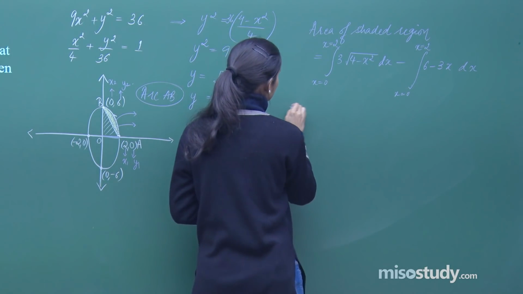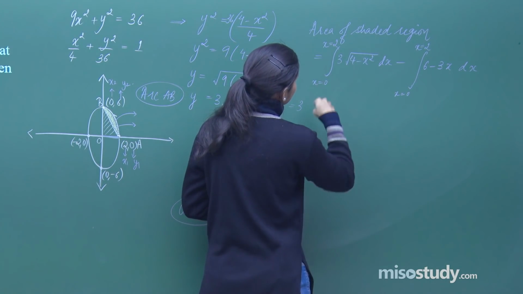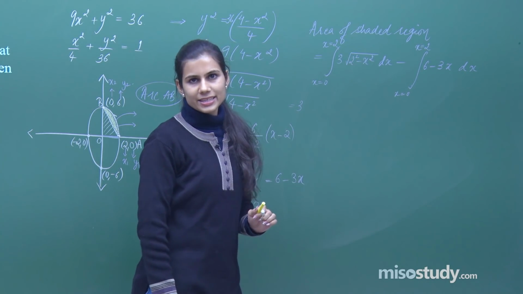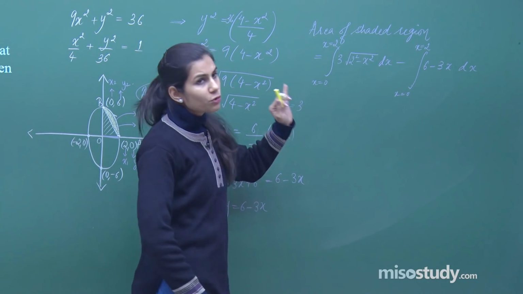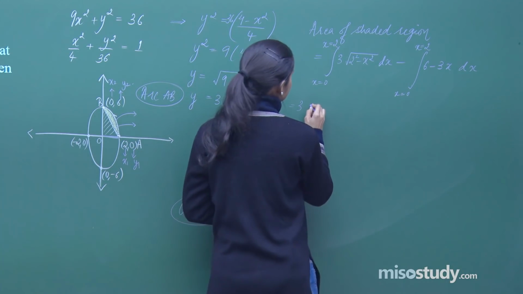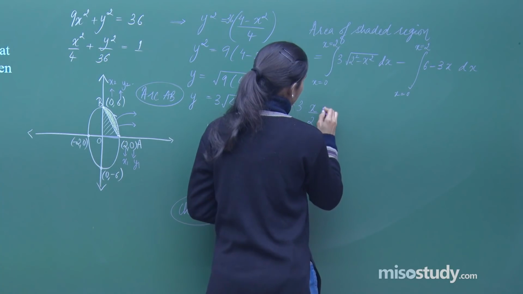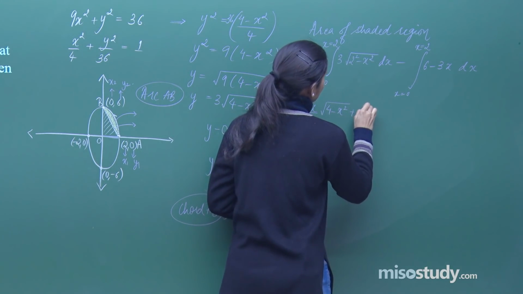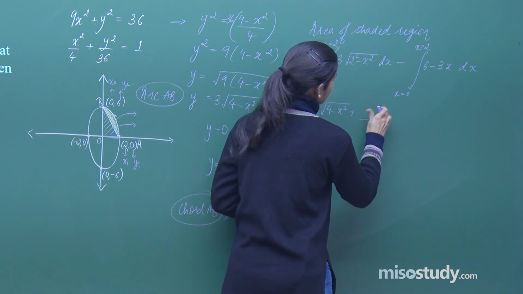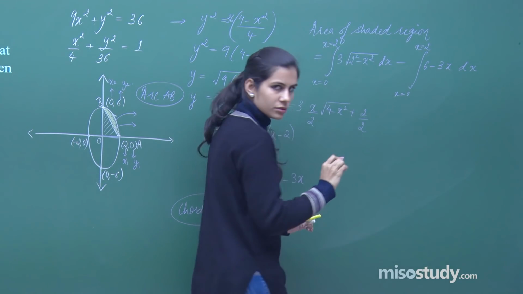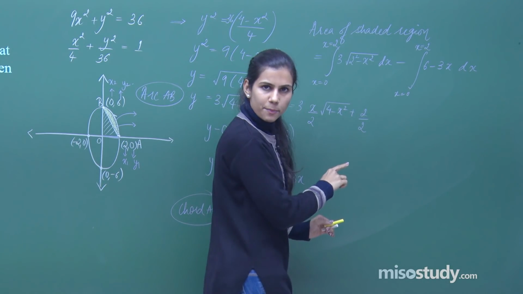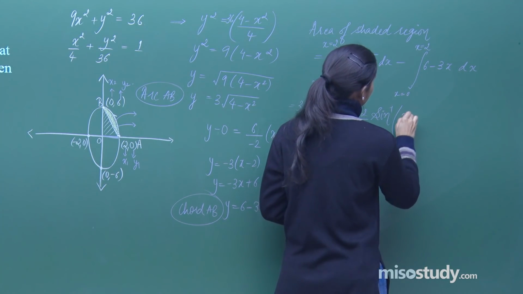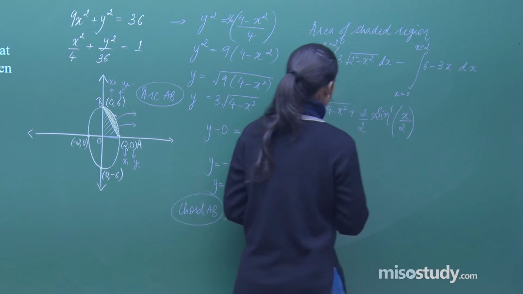Okay, easy enough. 3 comes out. What is integration of 4 minus x square? This is integration of 2 square minus x square. Integration of square root of a square minus x square is x upon 2 under root of a square minus x square plus a square upon 2 sine inverse x upon a, a is 2, right, that is it.